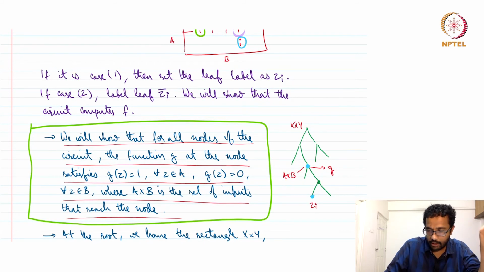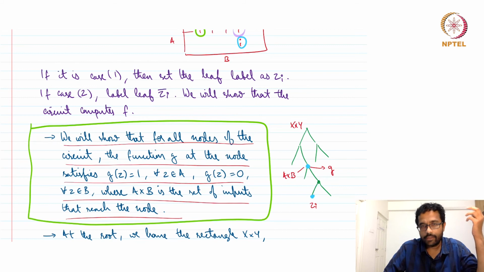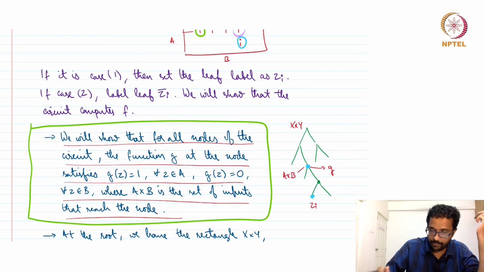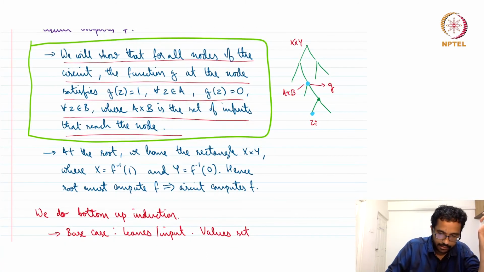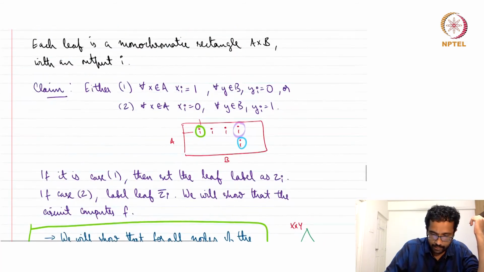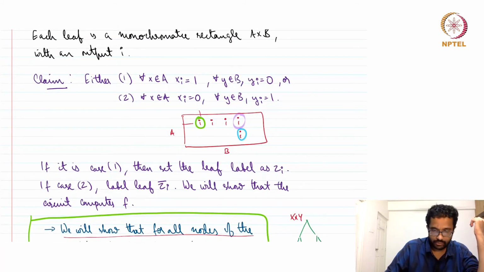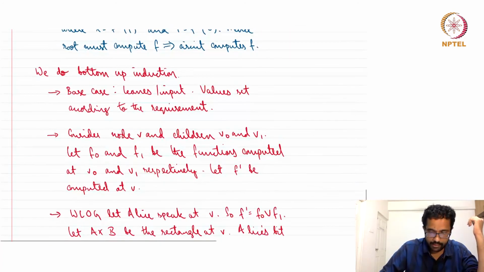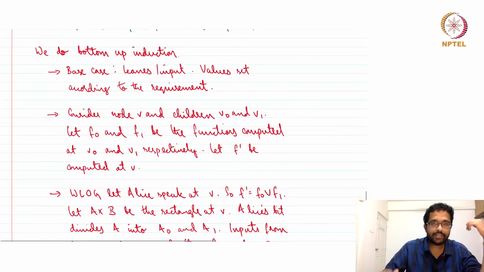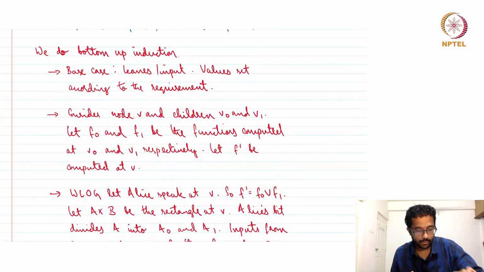And if it is Zi complement, whatever inputs reach here, xi equal to 0 and yi equal to 1. So the claim in the green box is true for the leaves by the way the labels were chosen. So it is true at the leaves. We set the values correctly as per the requirement.